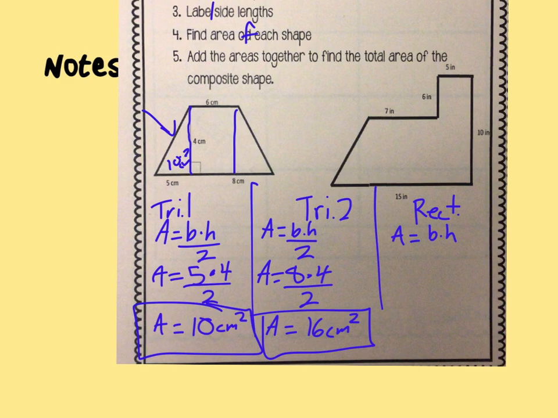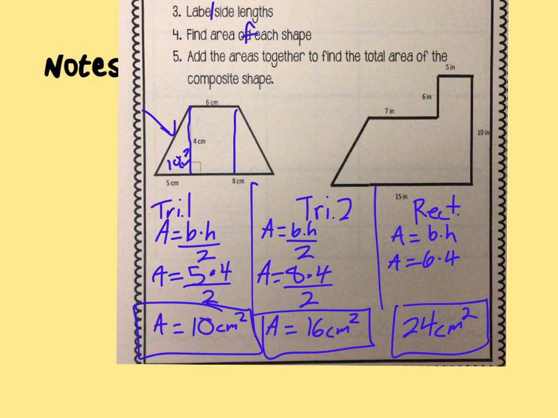Now we have to find the area for the rectangle, and the rectangle is this inside part right here. I know that it's 6 here, and I know it's 4 here, so I have my base, which is 6, times 4, that's my height, is 24 centimeters squared.